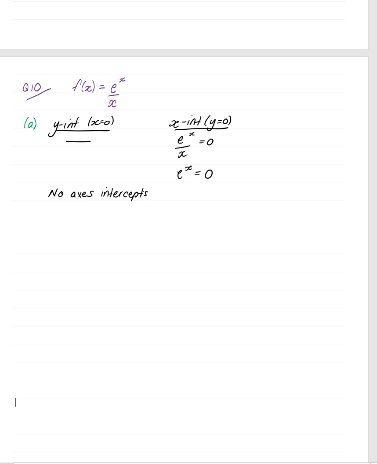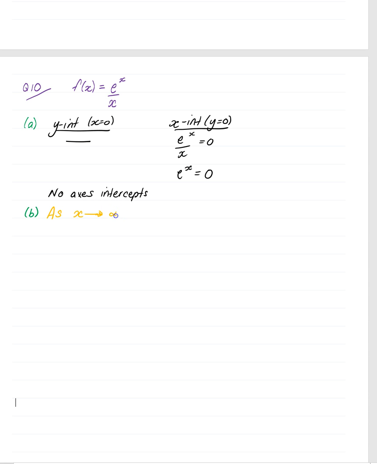Onward, part B. Discuss what happens as x is approaching positive and negative infinity. I have to say I prefer to do these once I've had a look at the graph and I'm drawing the graph, and it's a lot easier to do from looking at that.